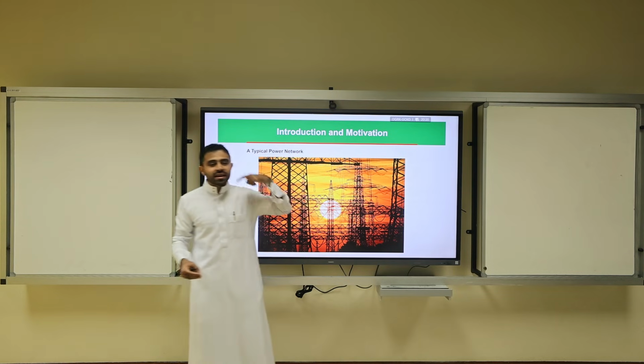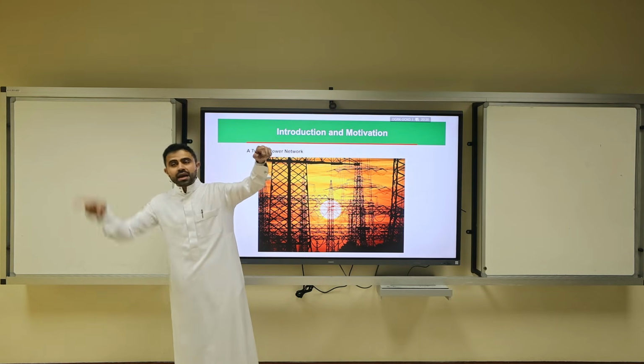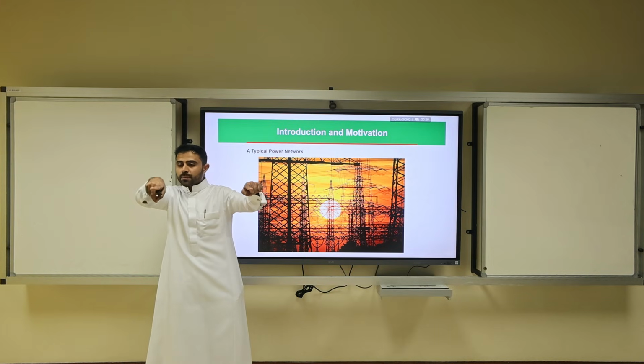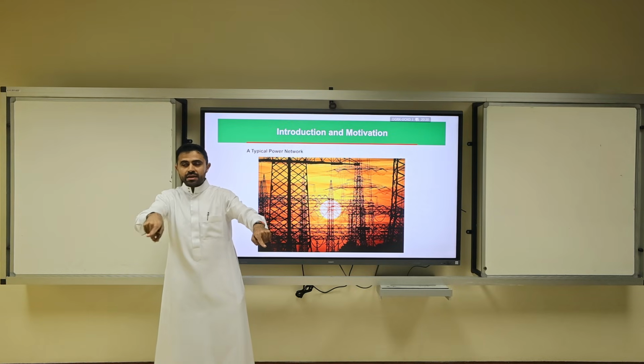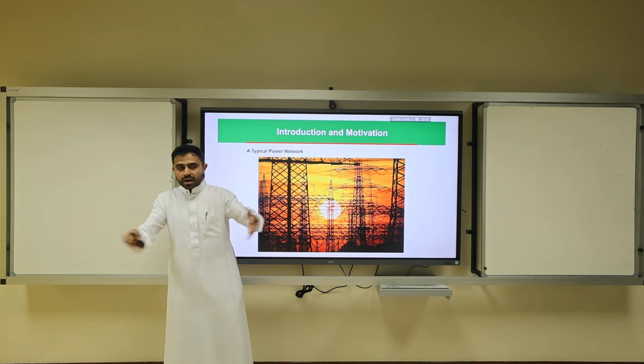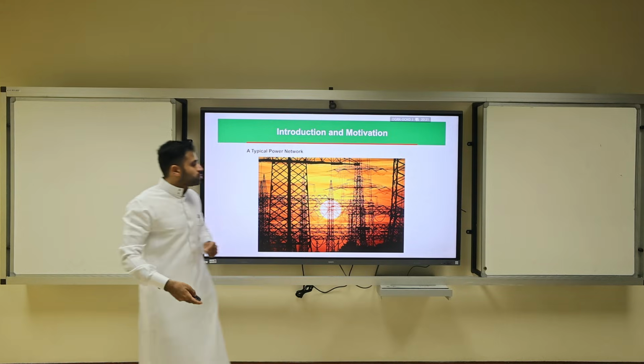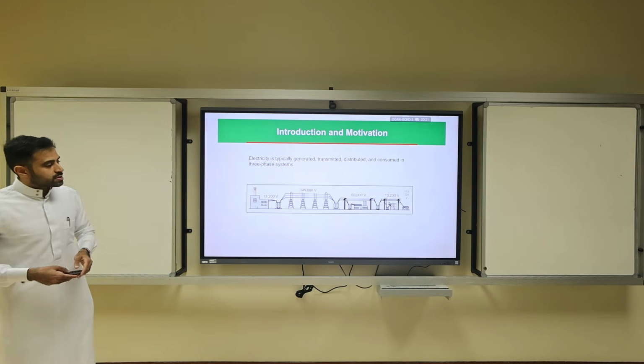Not only that, they are smart. They put phase A here, here they put phase B. And then here they put phase B, here they put maybe phase A. In the second layer, in the third layer maybe they put A and C. So that they minimize the electromagnetic coupling between the two transmission lines. It's in one tower, two transmission lines.